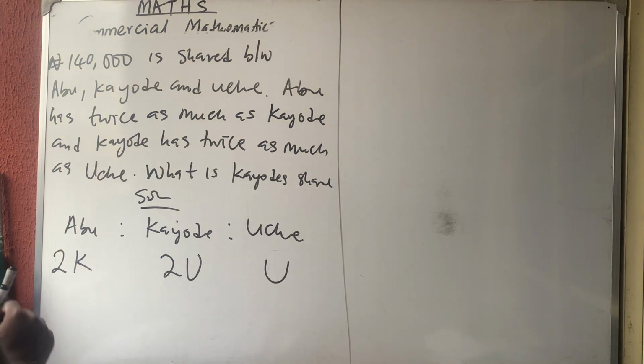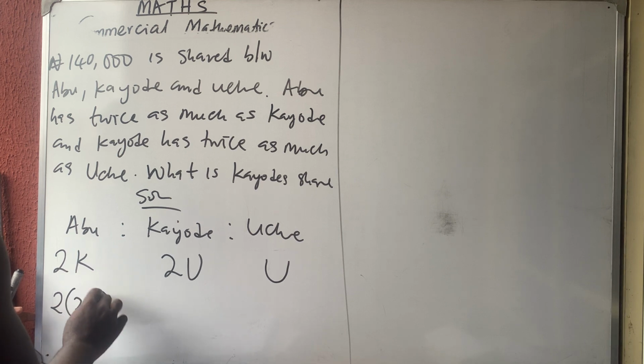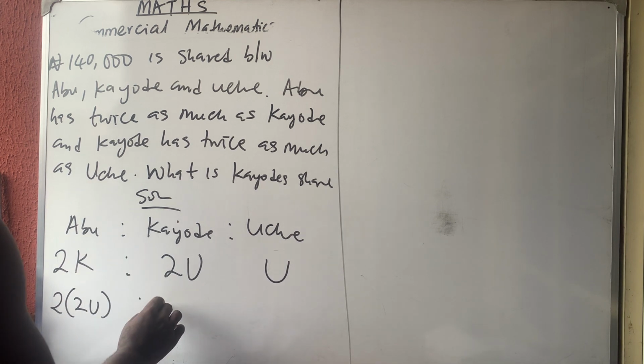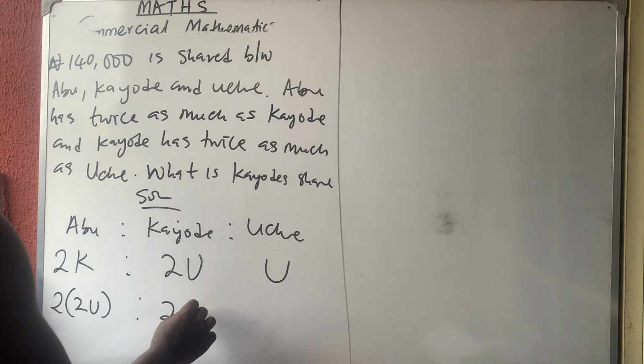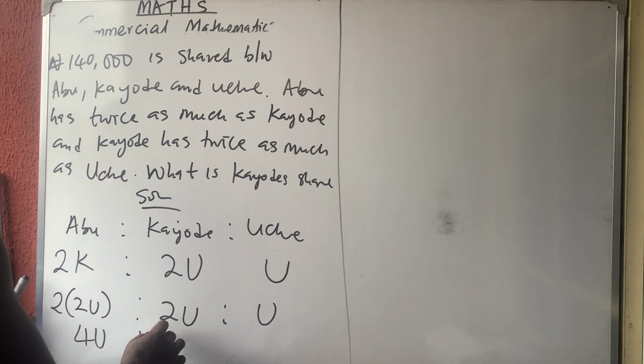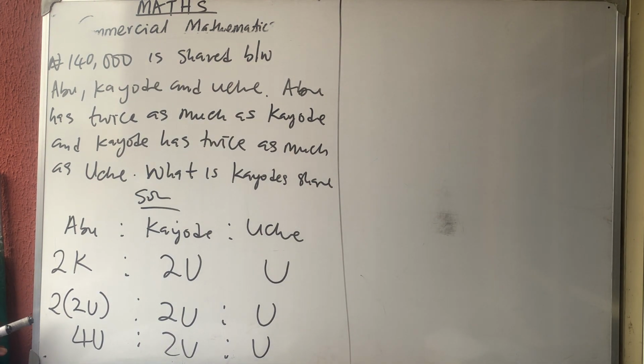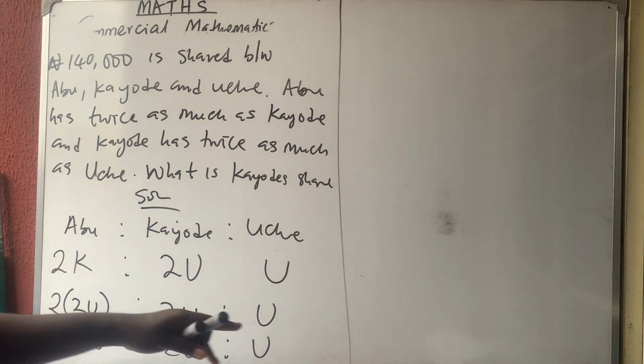So if you still bring it down, 2 of Kayode's own is still 2U. This will give you 4U is to 2U is to U. So that is how they are sharing the stuff.